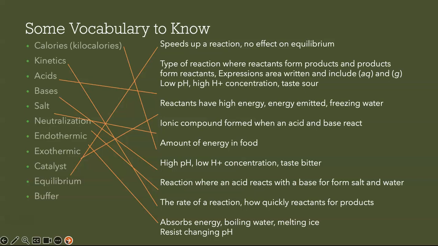Equilibrium is when reactants form products and products form reactants. Obviously, a catalyst has no effect on equilibrium because a catalyst is only going to speed up a reaction. Buffers are chemicals that resist changing pH. A buffer is made from a weak acid, something like acetic acid, vinegar, and its conjugate base, which would be sodium acetate.